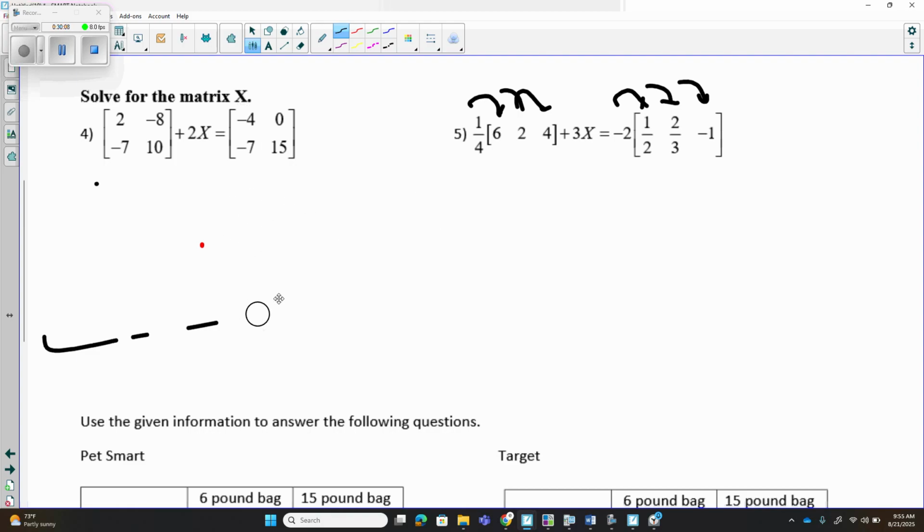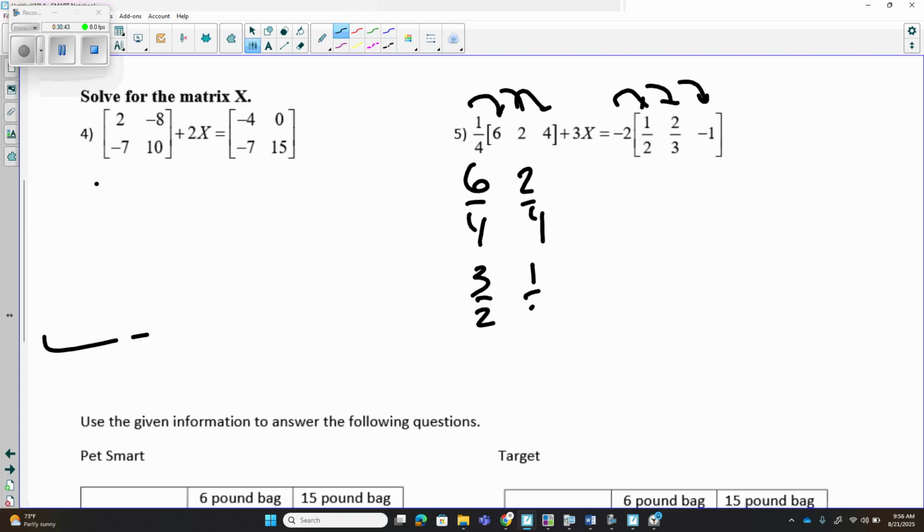So what is 1/4 times 6? What'd you say? You said 2? I don't think so. You get 6 over 4, and as you guys said, it is 3 over 2. And then what is 1/4 times 2? 2/4, which is 1/2.